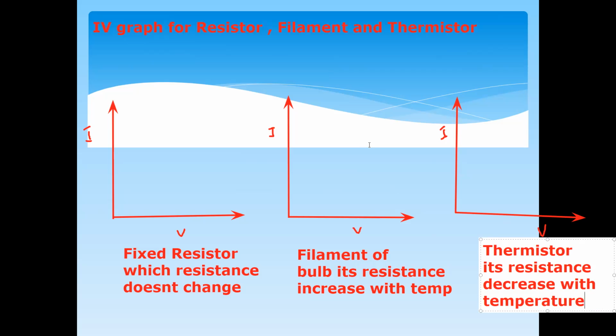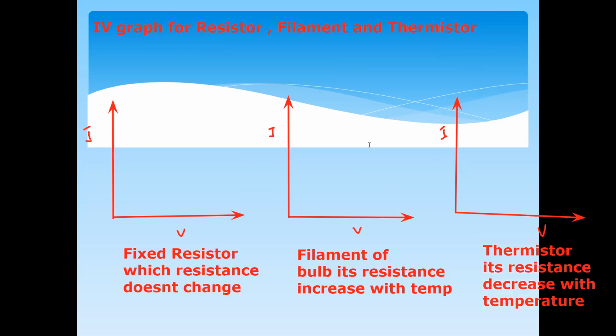So when we sketch an IV graph for a fixed resistor, it will always be a straight line, because its resistance is not changing.